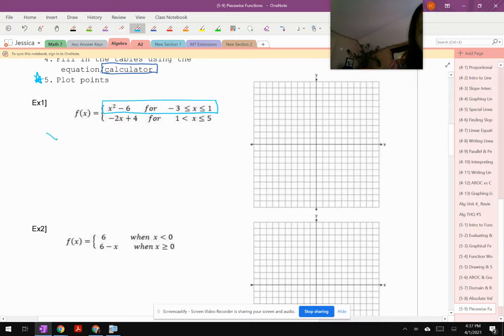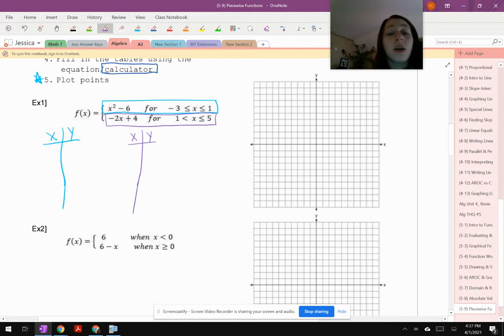So this guy is going to be my blue table for x's and y's. And then I'm going to go purple for this other one. Okay, so now paying attention to my restricted domains, that's what I have going on right here. This is my restricted domain, telling me what x values I should be using.